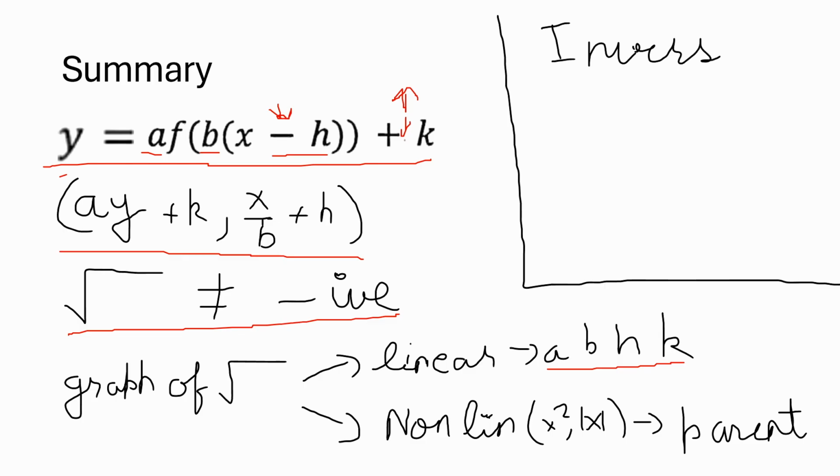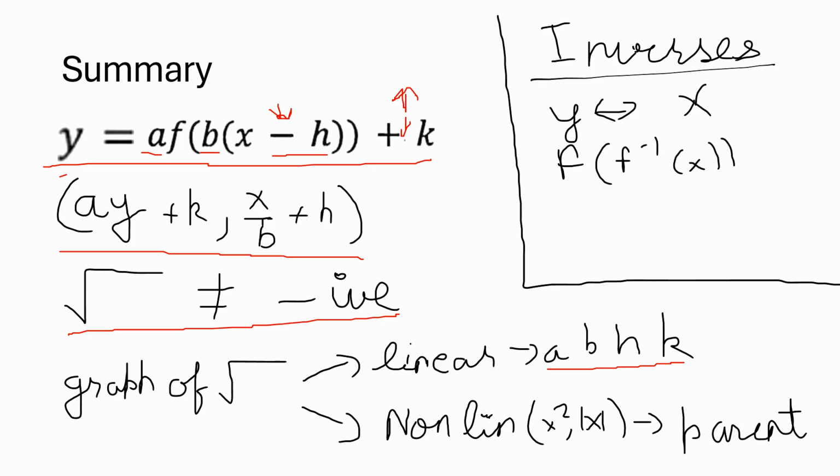And then coming to inverses, it's just flipping y and x. A property of inverses is that if you do the function of the inverse, you should end up with just x because all the other stuff cancels out.